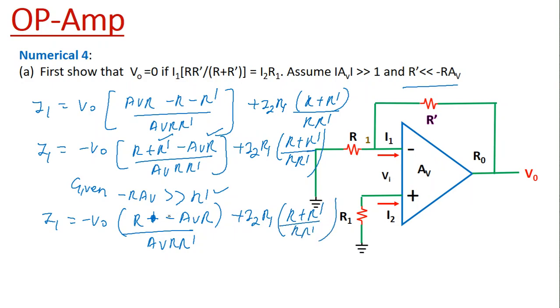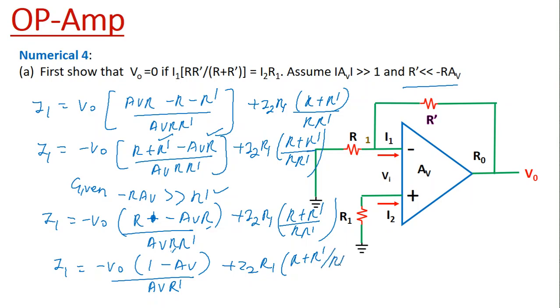Now we see that here R can be taken out as common. So this R in the numerator and this R in the denominator will cancel out. And we get I1 is equal to minus of V0 into 1 minus AV divided by AV into R dash plus I2 R1 into R plus R dash divided by R dash.